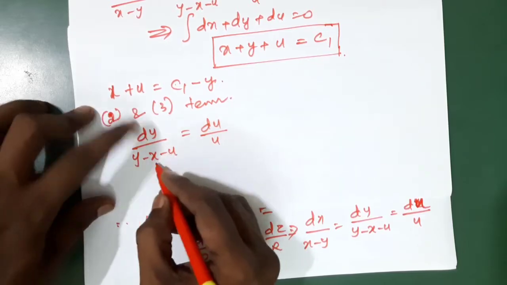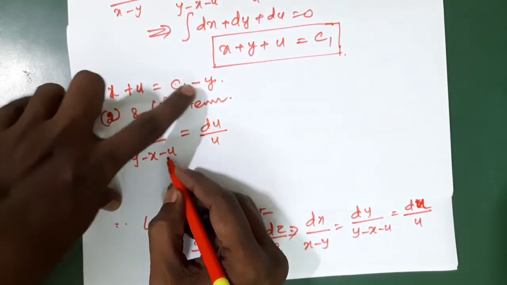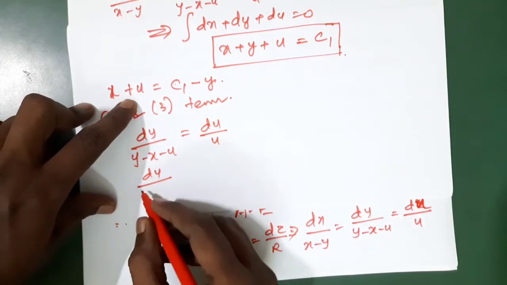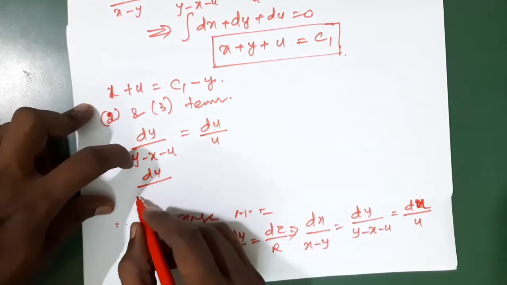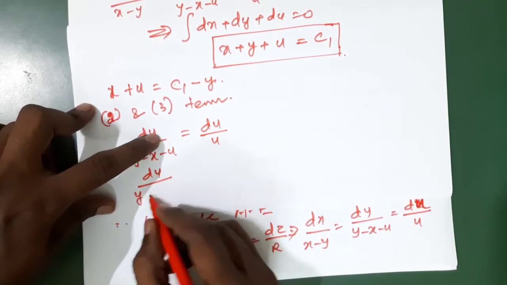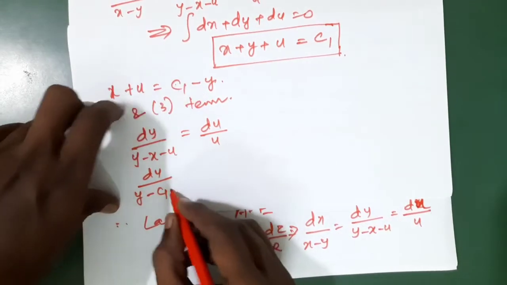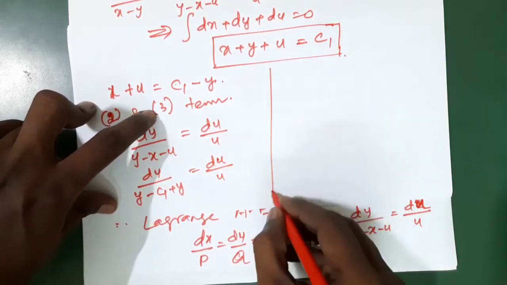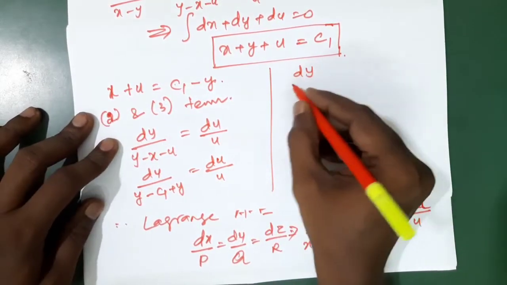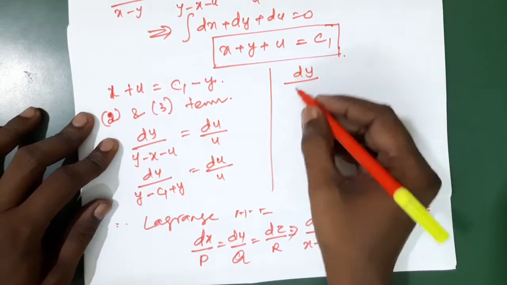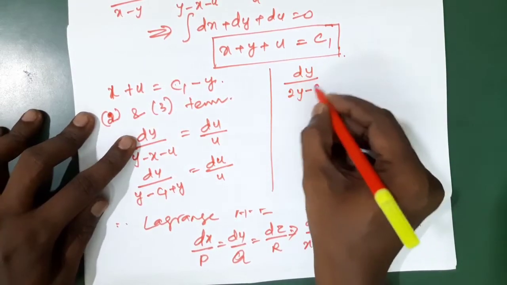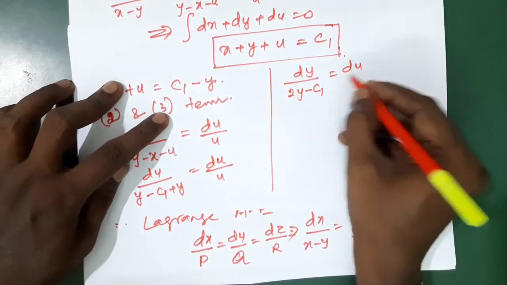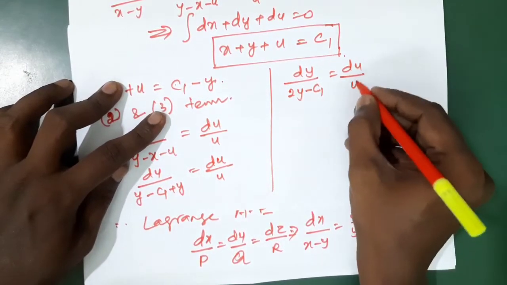Now we replace x plus u as c1 minus y. So dy by y minus (c1 minus y) is equal to du by u. This becomes dy by 2y minus c1 is equal to du by u.